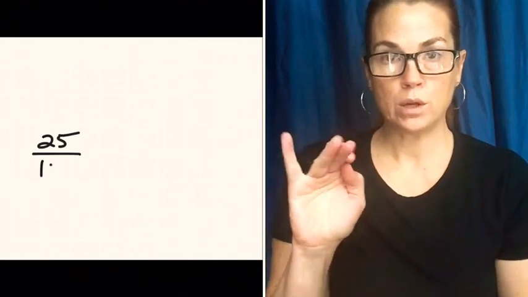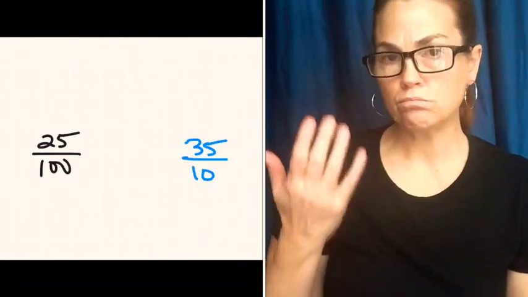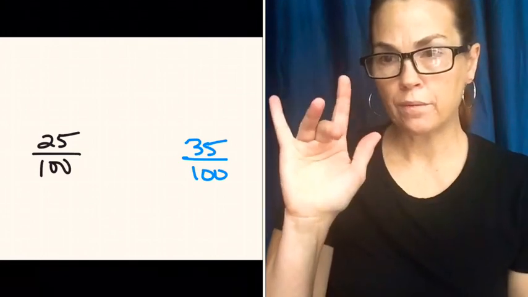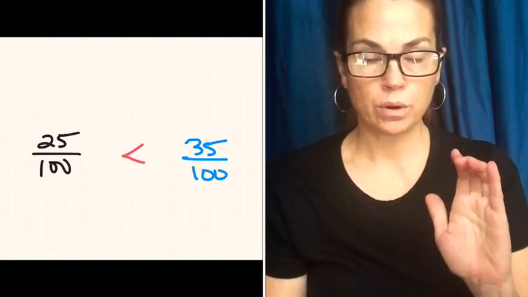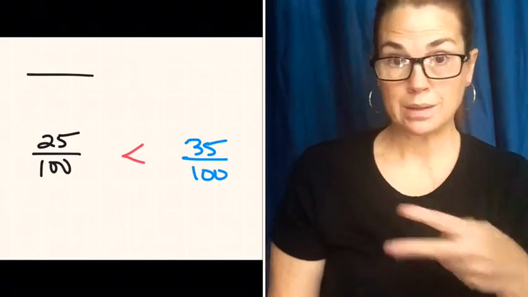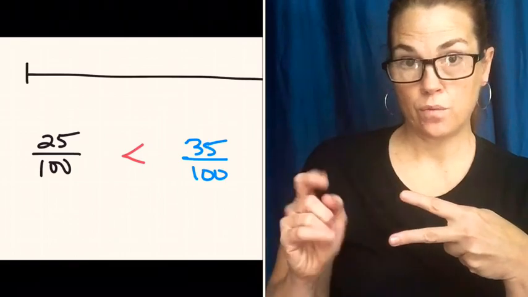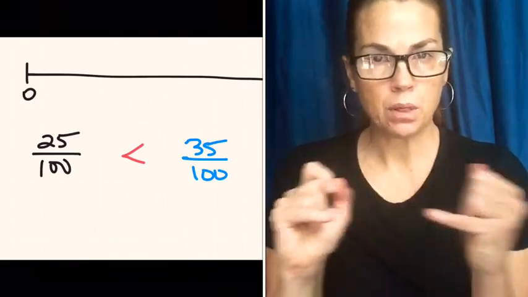So earlier, I had the fractions 25 over 100 and 35 over 100. And I said 25 over 100 was less than 35 over 100. Now, if I wanted to order them on a number line, the first thing I would want to do is make sure these fractions were simplified.